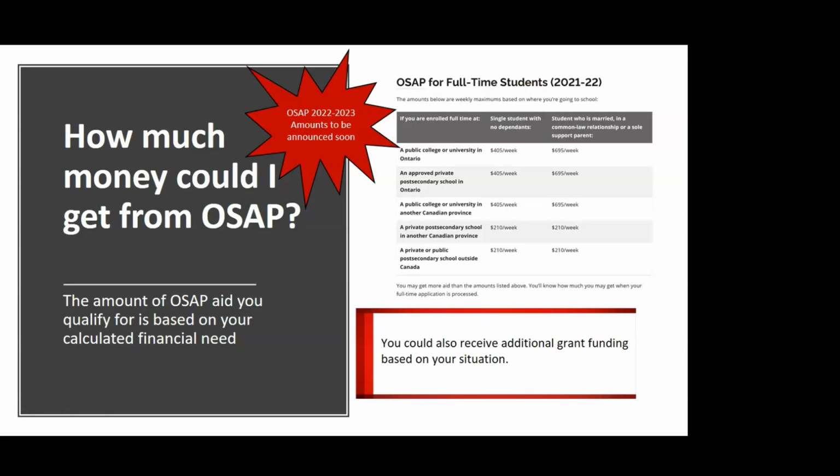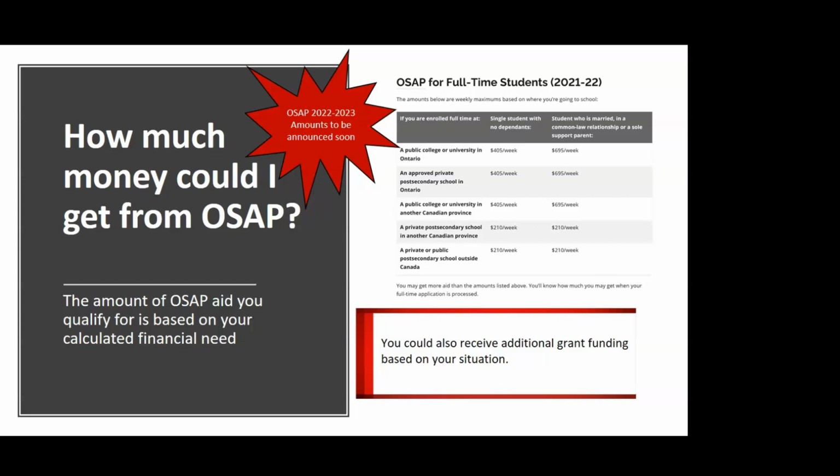How much money could I get from OSAP? Each student that applies is a different situation. This is a little chart that shows you, if you're enrolled full-time at a public college or university in Ontario, for a single student with no dependents, it's $405 a week. For a student that's married, common law, or sole support, it would be $695.